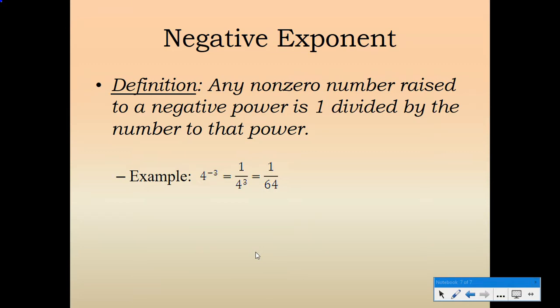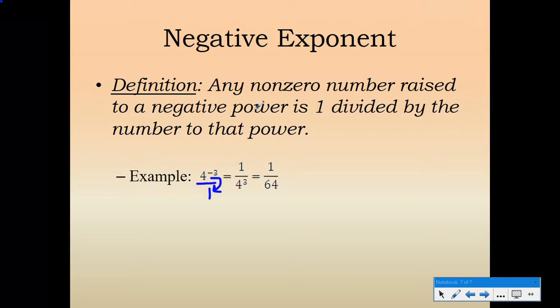One thing I want you to remember is whole numbers technically can be made a fraction with a denominator of 1. So if I have a negative exponent, I'm going to move the location of that term to either the denominator or numerator, depending on where it starts.